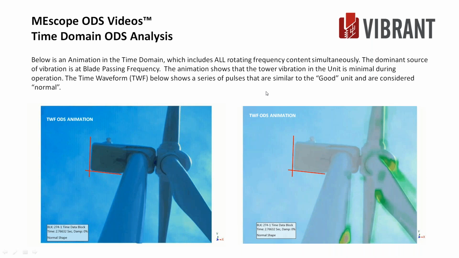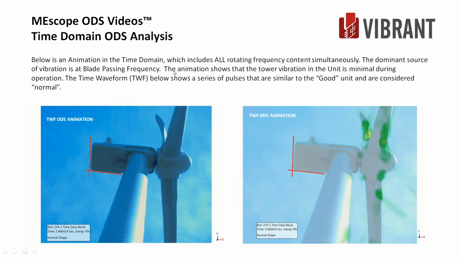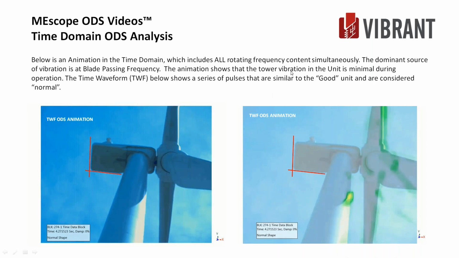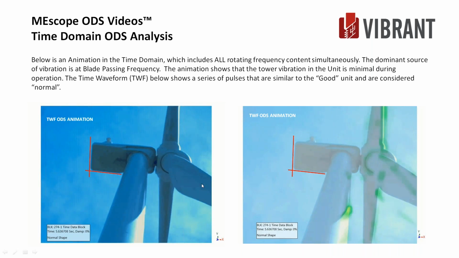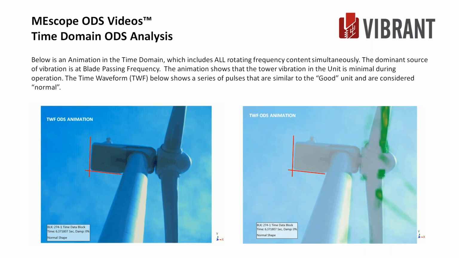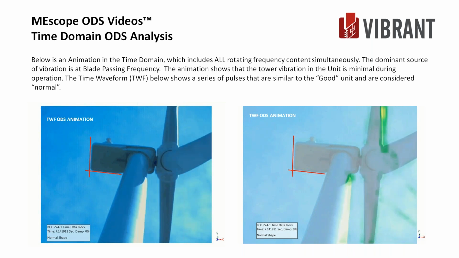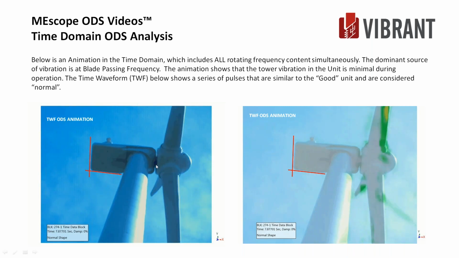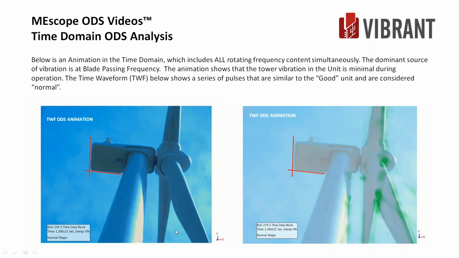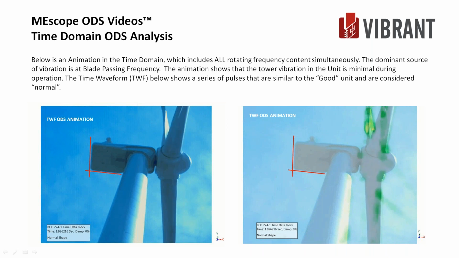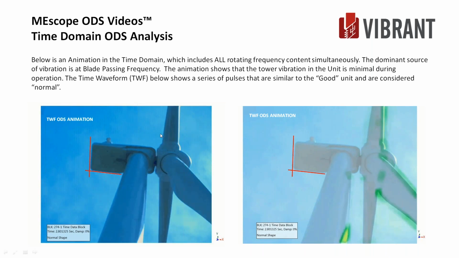This is another unit, time waveform animation. Shows a series of pulses that are similar to the good unit. So this one was considered not too bad. I pulled this out because I wanted to show you how the blades flex. You can watch that blade as it goes by. It's pulled in as it reacts to the wind.